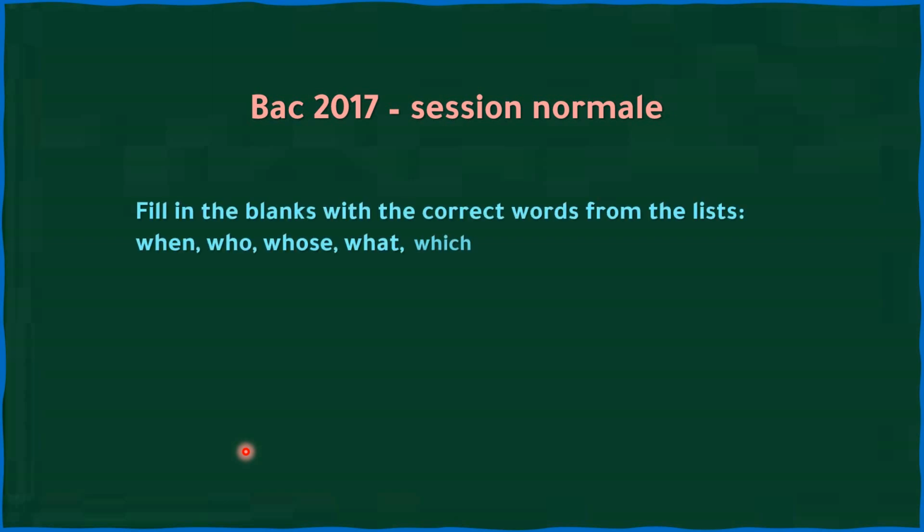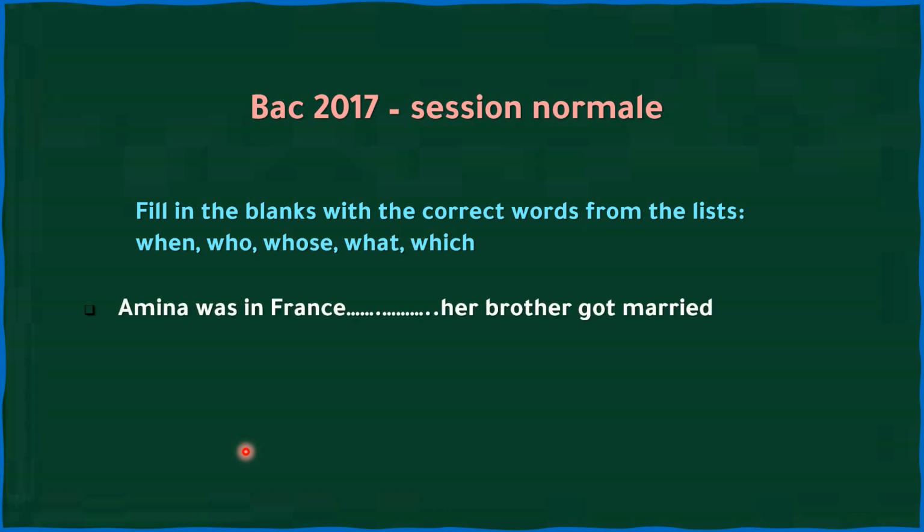Now, the second exercise is from the Baccalaureate of 2017 normal session. Fill in the blanks with the correct words from the lists: when, who, whose, what, which. Amina was in France. Her brother got married. What is the relative clause we can put here? Good. When indicates time.